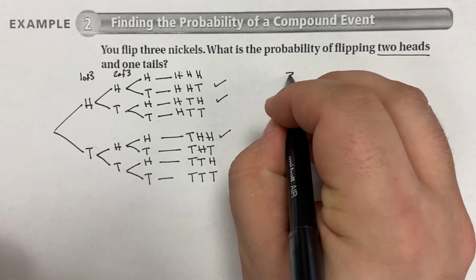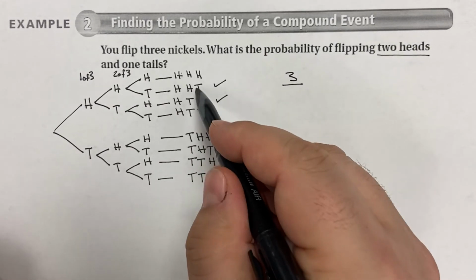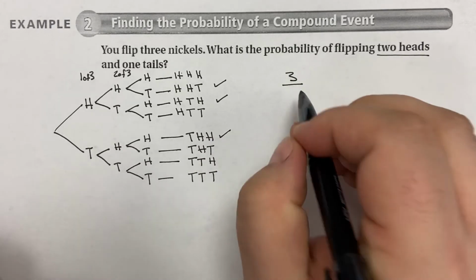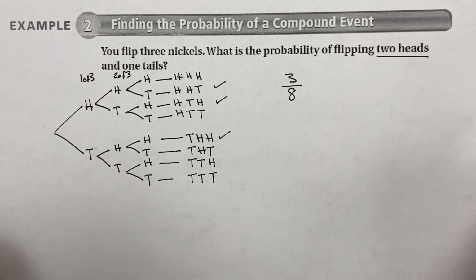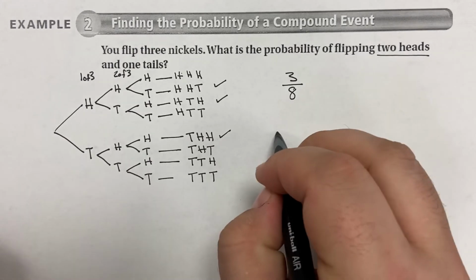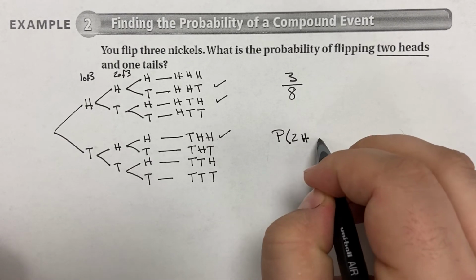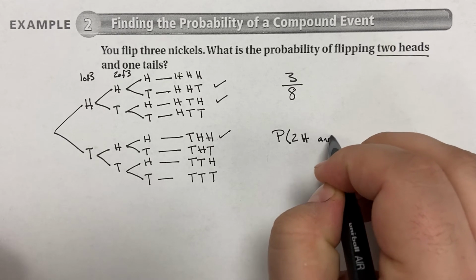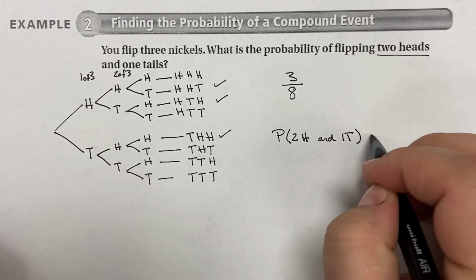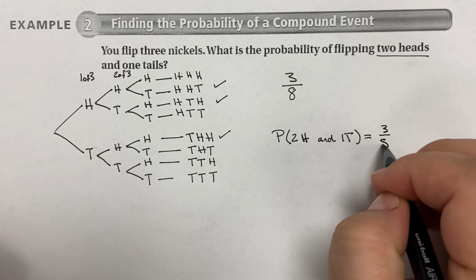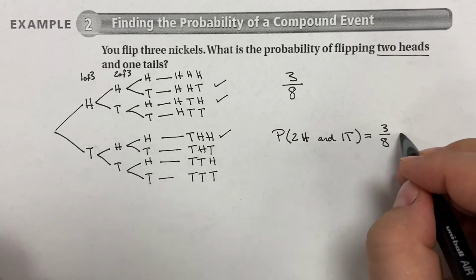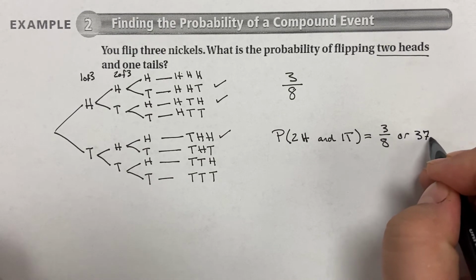So we have 3 that are going to be correct out of 1, 2, 3, 4, 5, 6, 7, 8 possibilities. So what we find out is the probability of flipping 2 heads and 1 tail is equal to 3/8, or 37.5%.